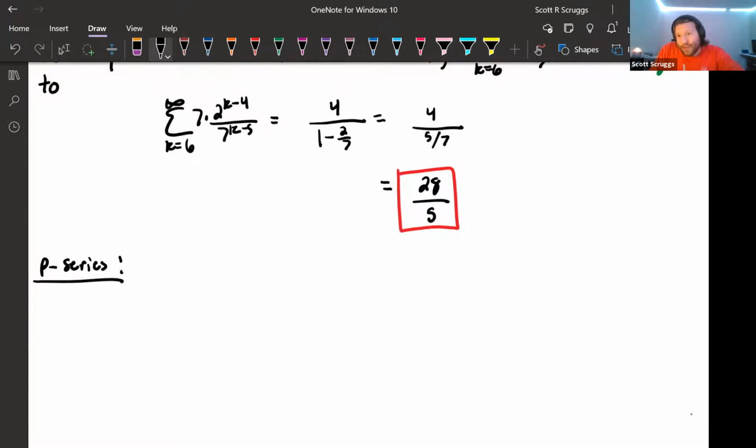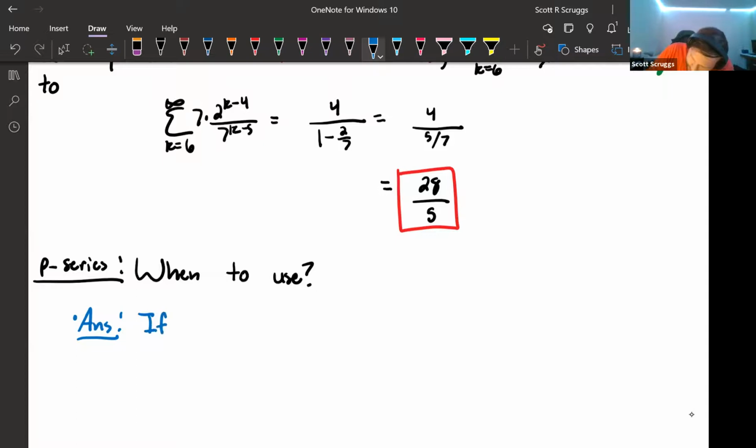So one of the next few tests we have is P-series test. Again, when you see a new series test, the first question to ask is when I can use it. And for P-series test, the way to know when to use it is if it has a very specific form.